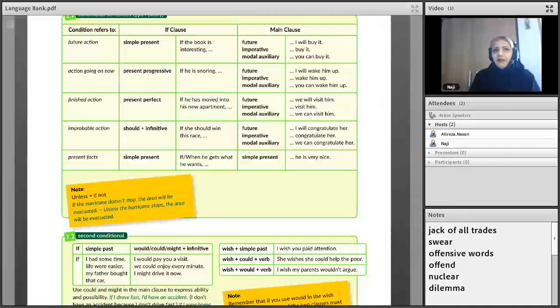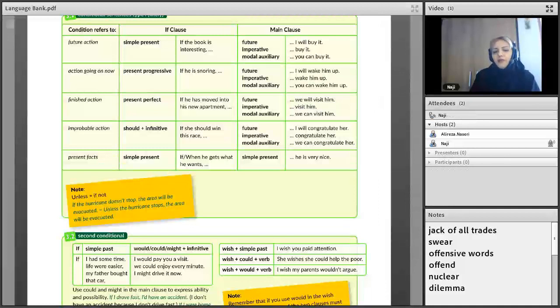For example, I want to buy a house, and I say, if it is reasonable, I will buy it. So if it is reasonable is my if clause. The result, the consequence, is I will buy it. It means that the action of buying will happen if the price is reasonable.